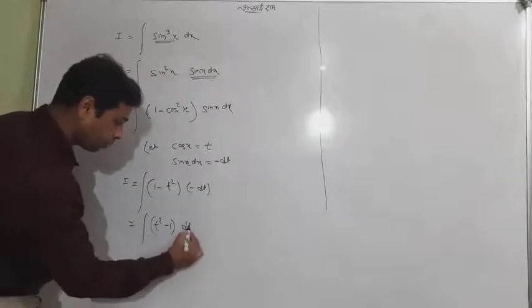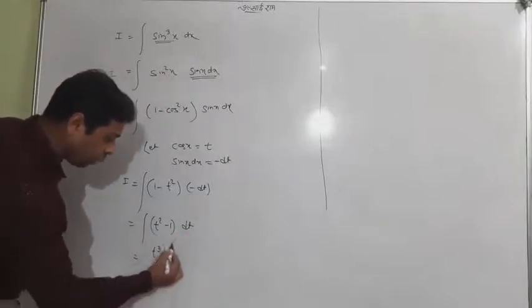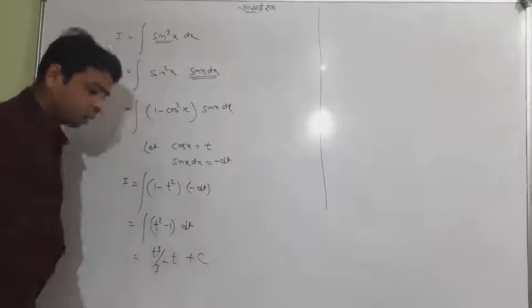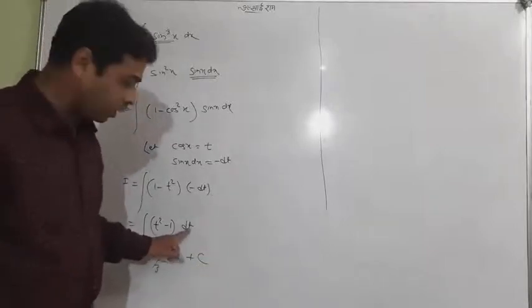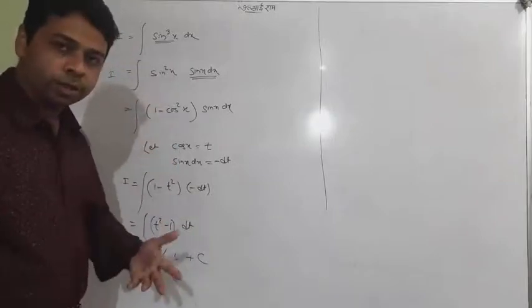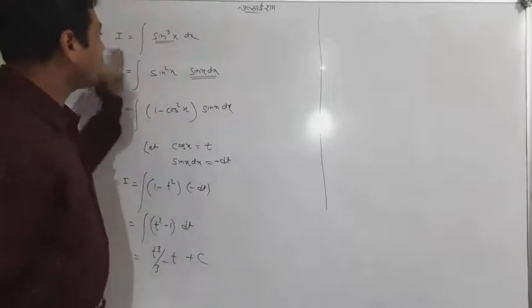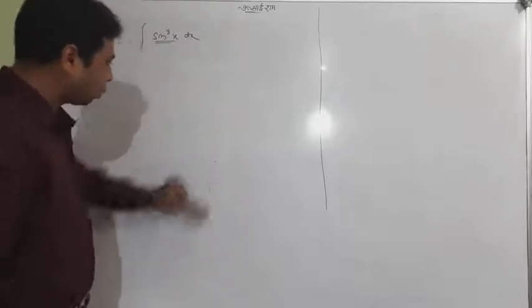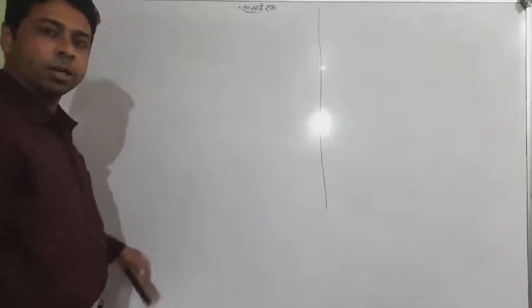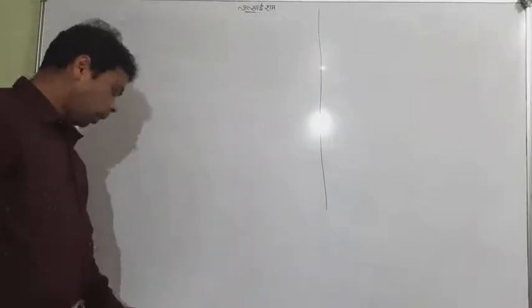And then t square has the integration t cube by 3, and 1 has the integration t, plus c. With respect to t, it is t cube by 3 and t. And lastly put t equal to cos x and get your answer. So this is the way of doing the question. When the question comes, I will definitely discuss it later, but initially I have given you an idea of how we can deal with this question.